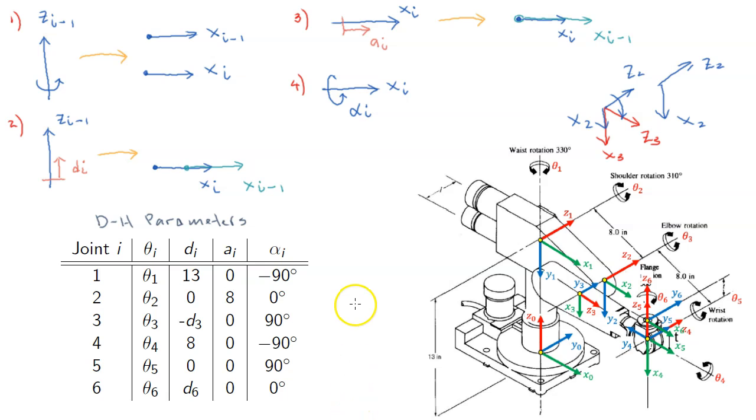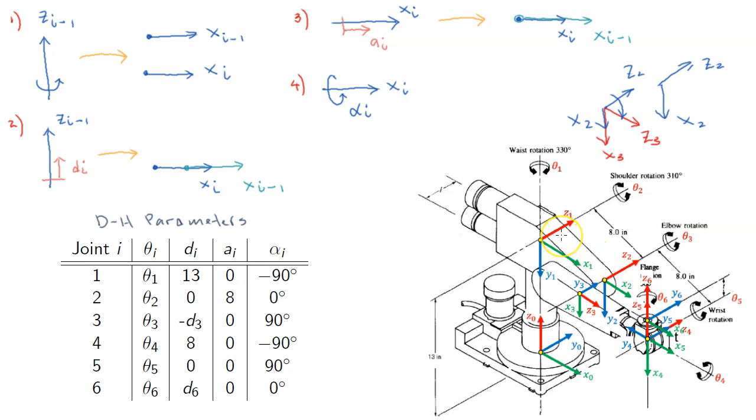Earlier, when we were finding the DH parameters, we were performing a series of rotations and translations. Namely, we were rotating coordinate frame i minus 1 about z i minus 1, then translating in z i minus 1, then translating in x i, and finally rotating about x i. So really, we were bringing coordinate frame i minus 1 to become coordinate frame i.